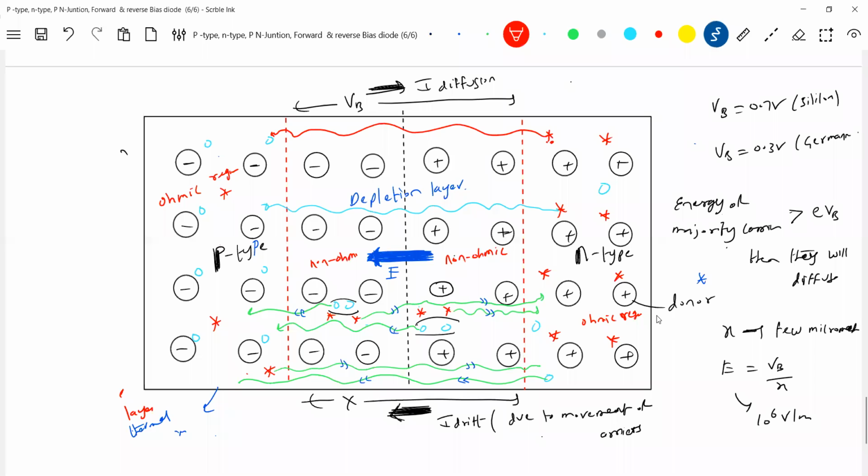Now what about the field? Field will be non-uniform. Charge distribution here will be non-uniform. Sigma again we use for conductivity. Non-uniform charge density, I think I wrote it already. Okay, fine. So this is about the PN junction.